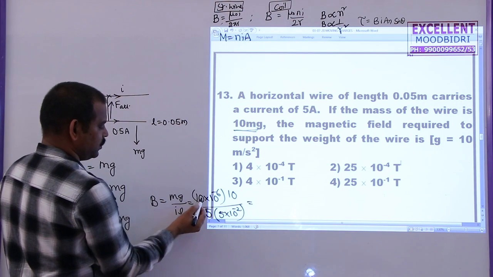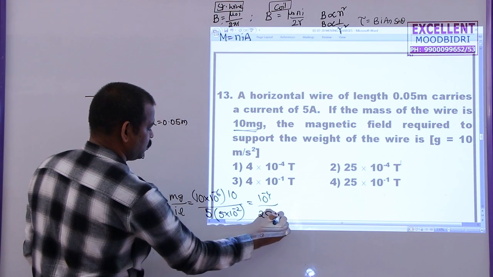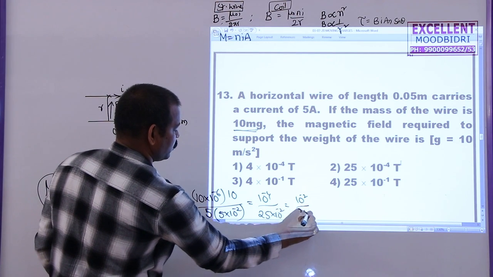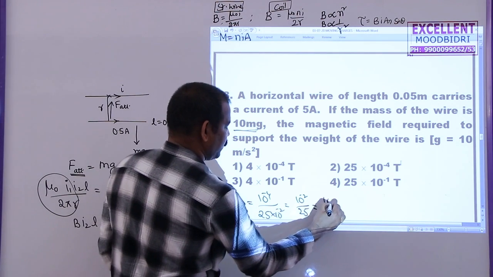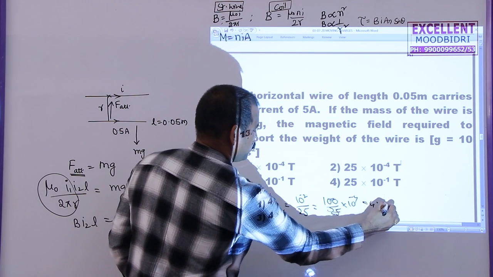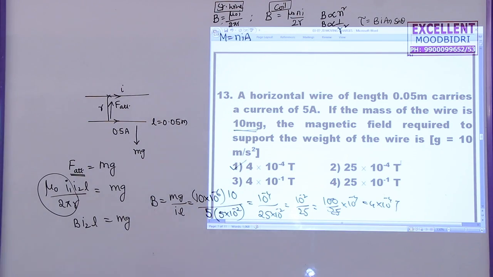So this will be 10 power minus 4 by 25 into 10 power minus 2. When these two get cancelled, 10 power minus 2 by 25. So this will be 100 by 25 into 10 power minus 4, so 4 into 10 power minus 4 Tesla. So the answer is option 1.